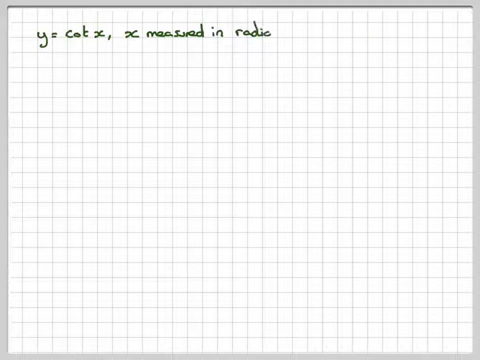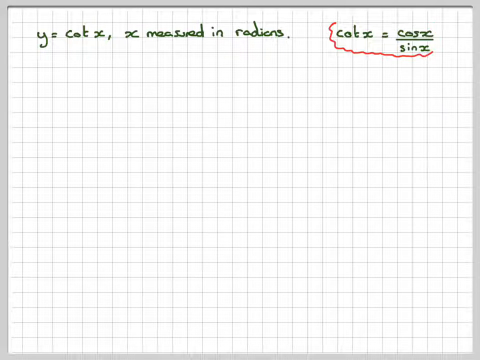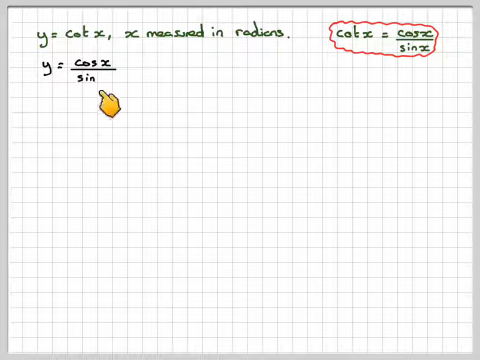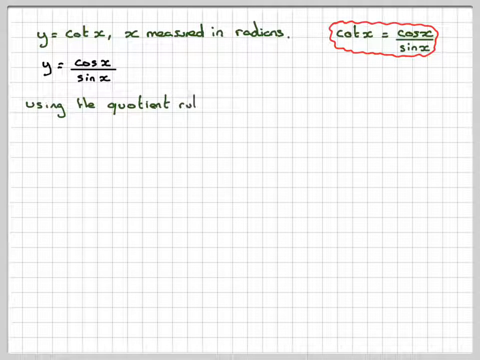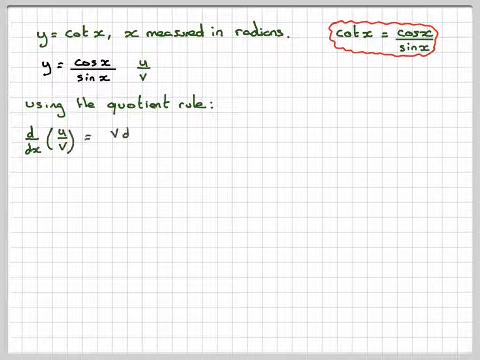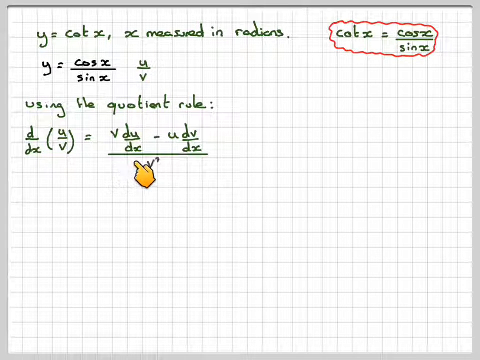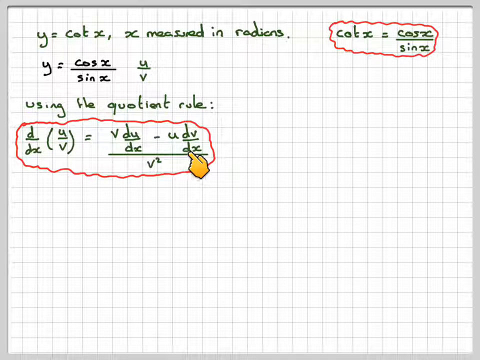Now for cot, it's a very similar process. Cot is cos over sine. So we'll rewrite y as cos x over sine x, and then we're using the quotient rule again, type u over v. The rule is d/dx of u/v is v du/dx minus u dv/dx over v squared.